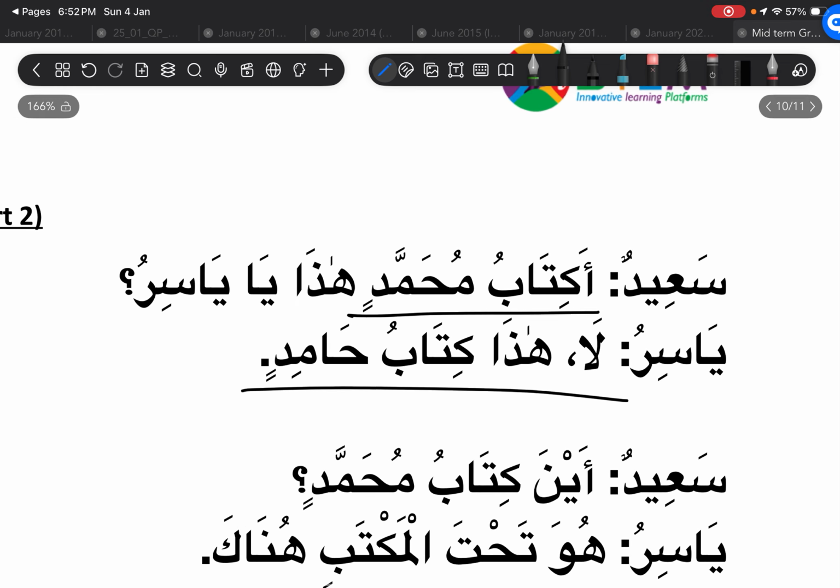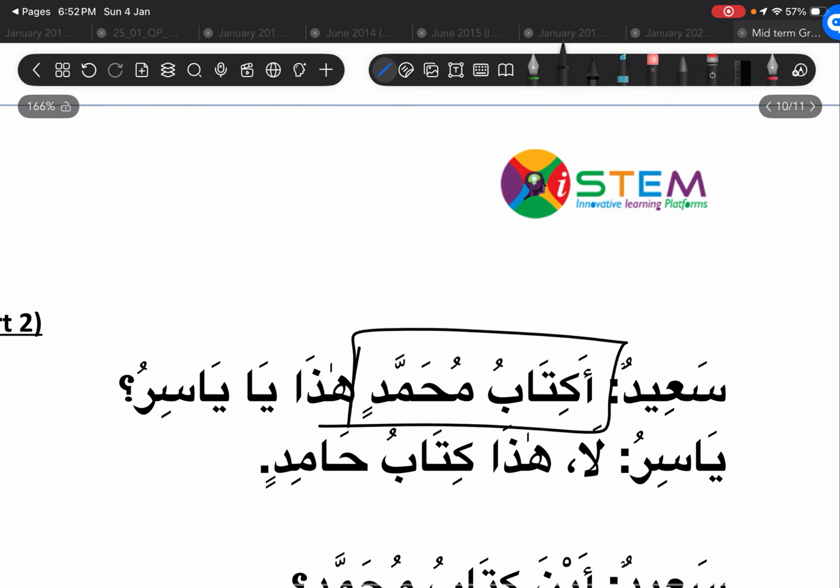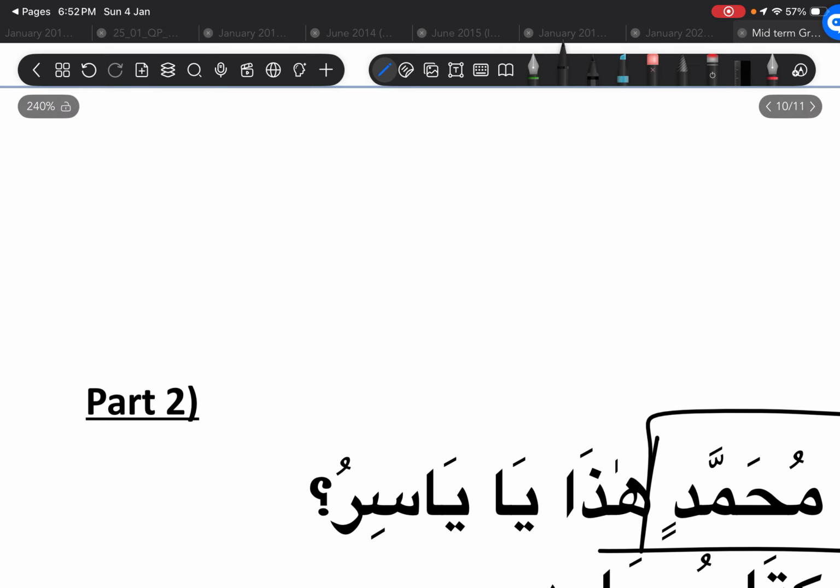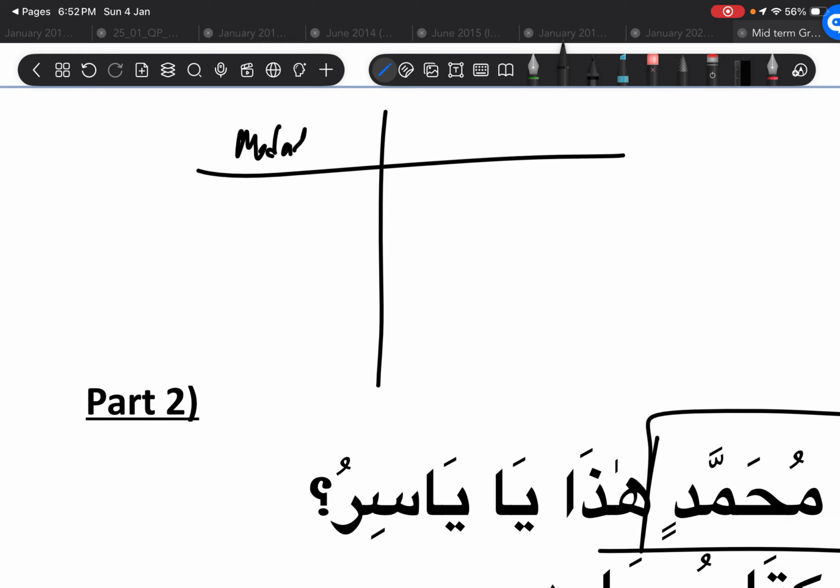And if you notice, I taught you something interesting some time ago, where we learned about idafa and mudaf ilayh. We said that it always has an alif lam. There are exceptions. If there is a name after it, you don't have to have an alif lam to make it specific. A name is specific in and of itself, right?